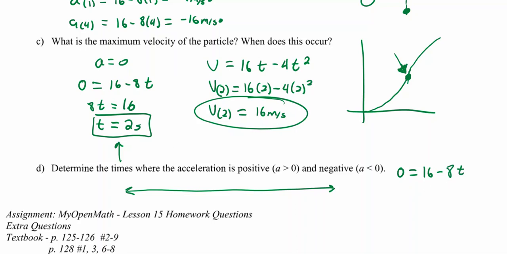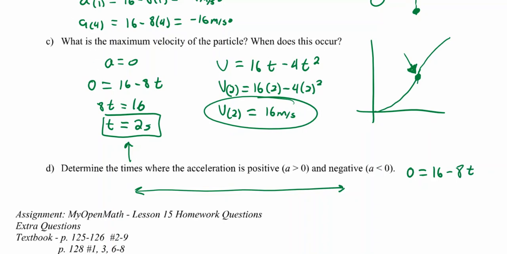Our critical number there is the one we had right there too, which makes sense. So that's going to be at a time of 2 seconds. That's going to be the point of interest here. We also started at a time of 0, so I can throw that down.